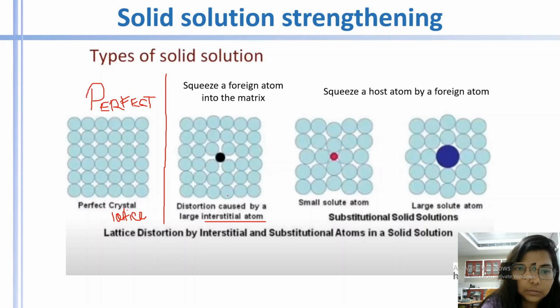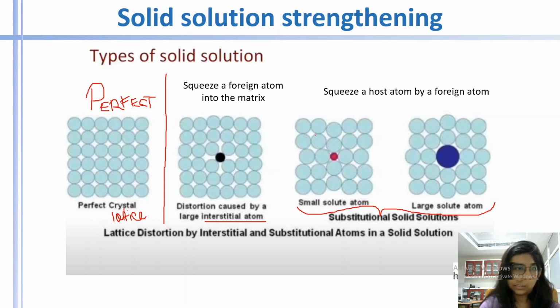This is called lattice distortion by an interstitial atom in a solid solution. So this is an interstitial solid solution, and these two are called substitutional solid solutions. What does it mean?